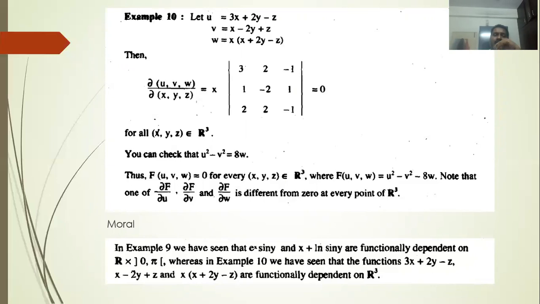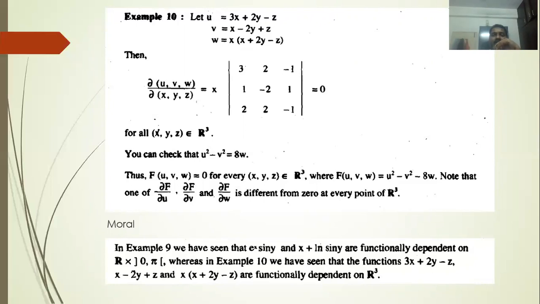What is dou u by dou x? It equals 3, and dou u by dou y equals 2, dou u by dou z equals minus 1. Similarly, dou v by dou x equals 1, dou v by dou y equals minus 2, and dou v by dou z equals 1. Dou w by dou x equals 2, and dou w by dou y equals 2, dou w by dou z equals minus 1.